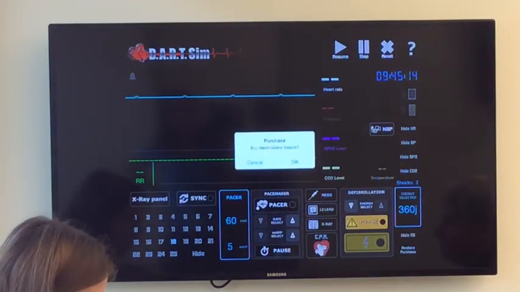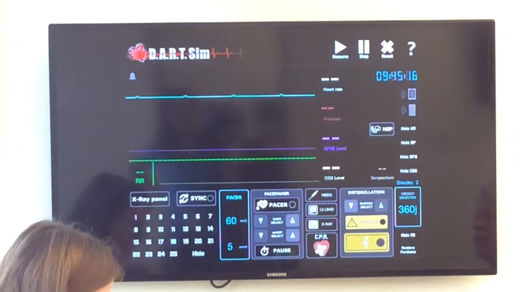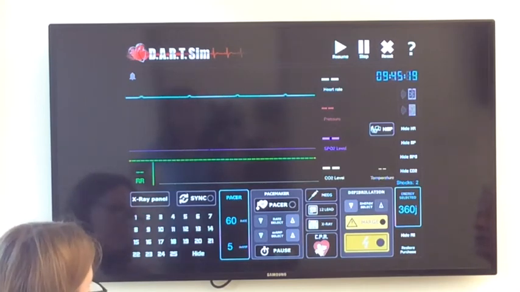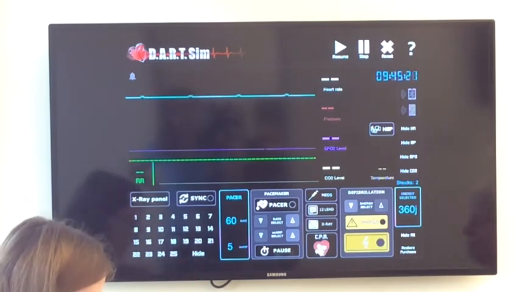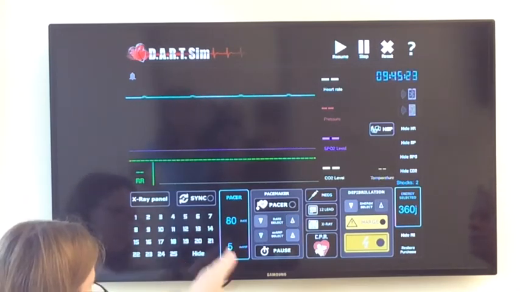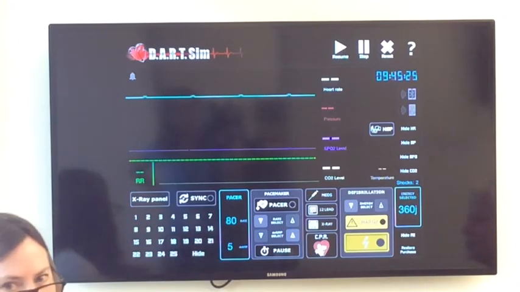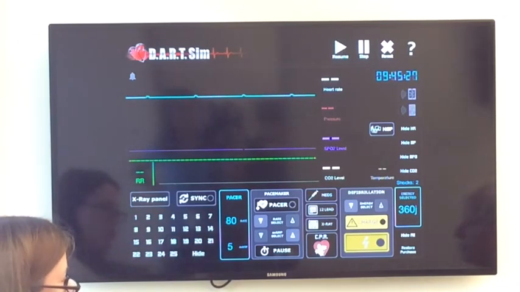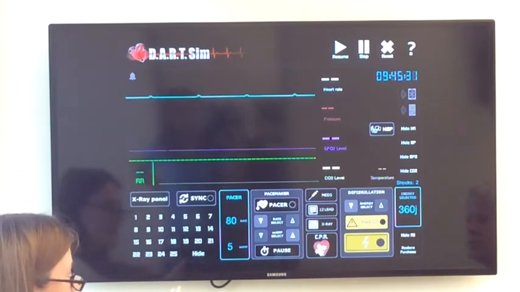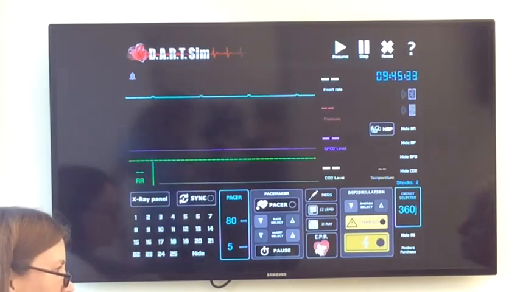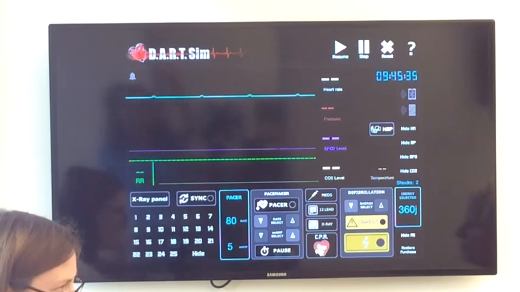Whoops, we've got to buy that one. But we can set a pacemaker up on the patient. You see, it has rates you can select, where you see the blue part that says 80 on there. So there's all sorts of things you can do, but this is the exact same thing you're going to do in the lab, and the exact same thing you're going to do on a patient in real life in the back of an ambulance. Okay.